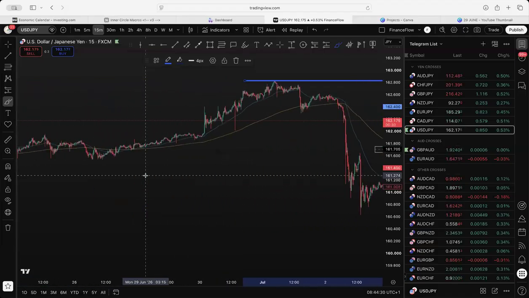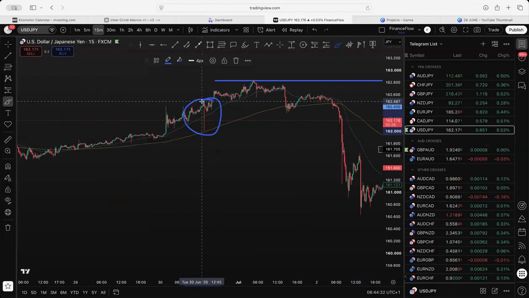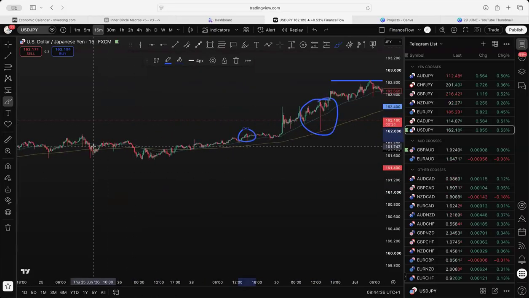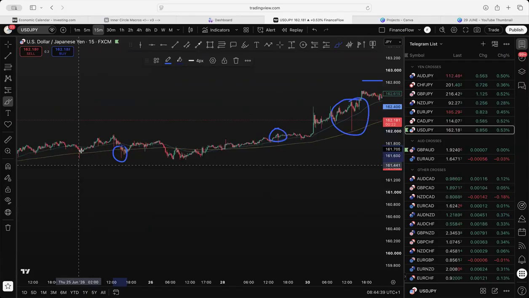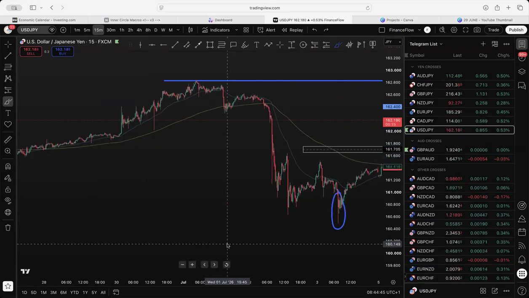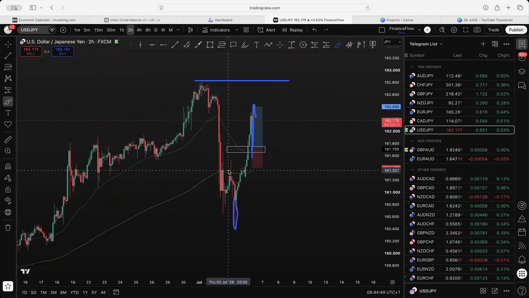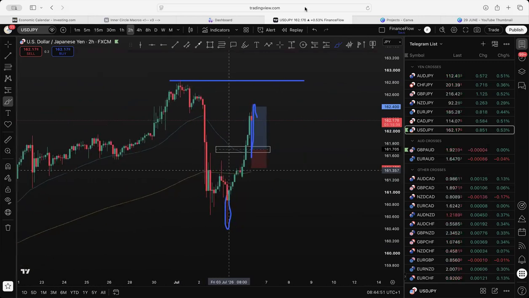You can see here's one here, perfect. Here's one here, perfect. They have been happening a lot. So I think this is a brilliant way to trade USD JPY at the moment. We're erring on the side of caution, but it happens so quickly. So that's what we are looking at here.